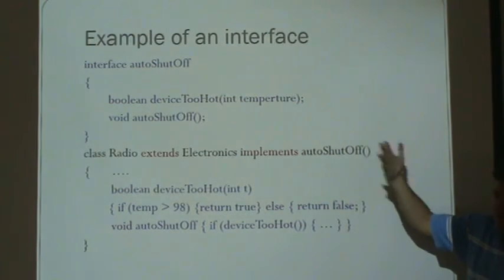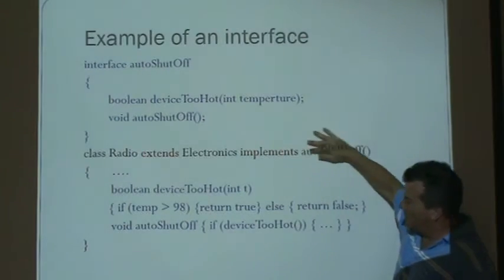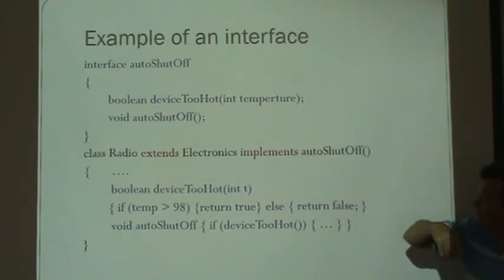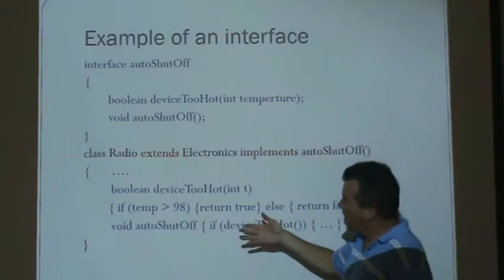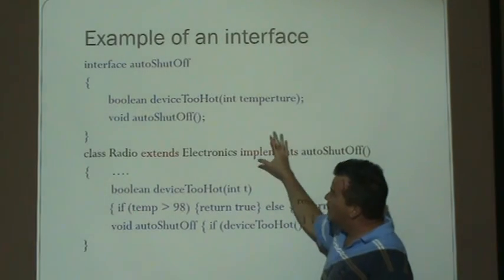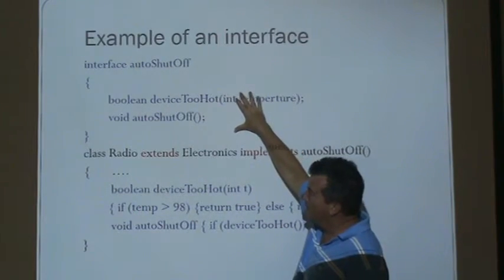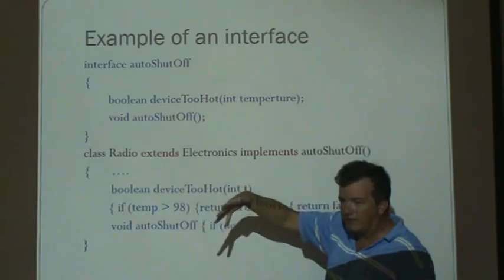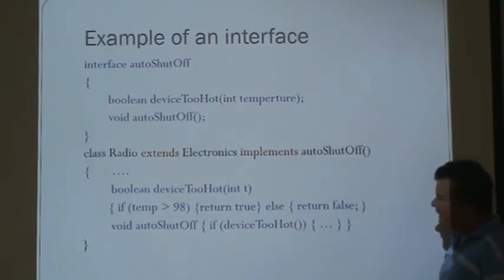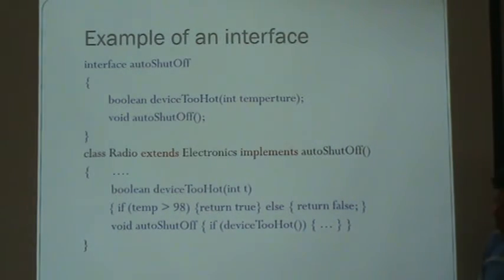Any products that don't have to do it, we just won't implement it, just leave that part out. So this is a way we're not really multiply inheriting, but we're taking a capability, the ability to check if the thing's overheating, and if so, shut it off, and implement that for each of the objects.